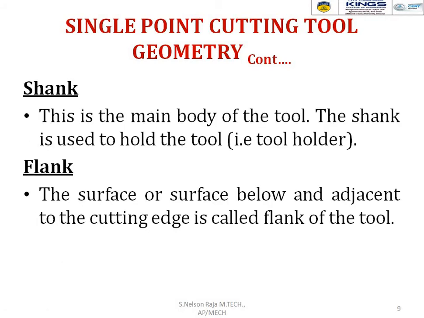And what is the shank? This is the main body of the tool. The shank is used to hold the tool, for example in a tool holder. That is the main purpose of the shank. And the flank: the surface below and adjacent to the cutting edge is called the flank of the tool.